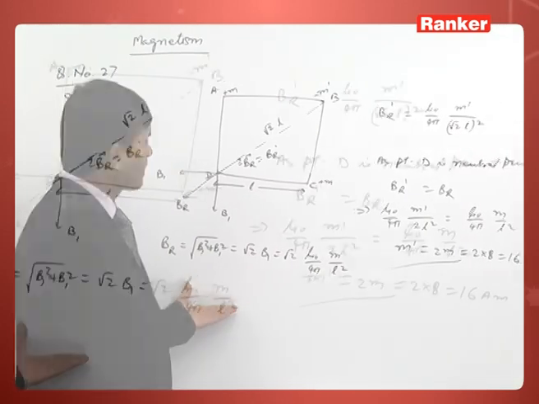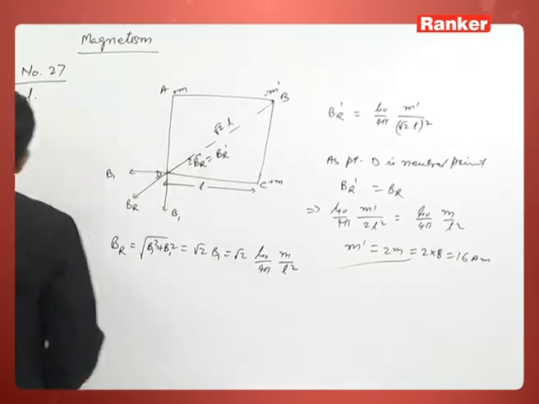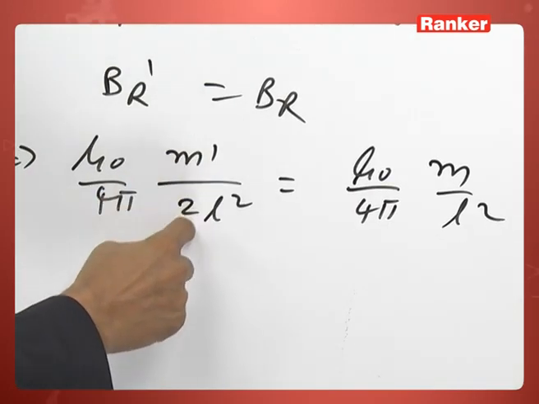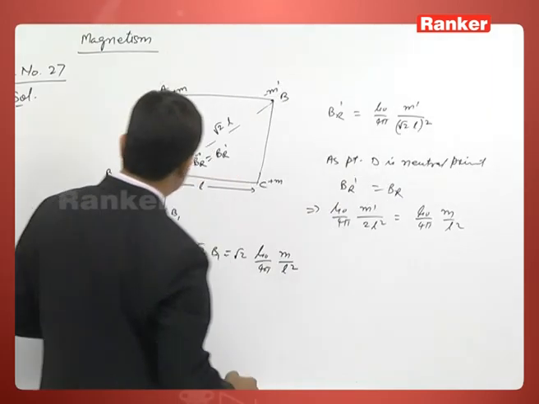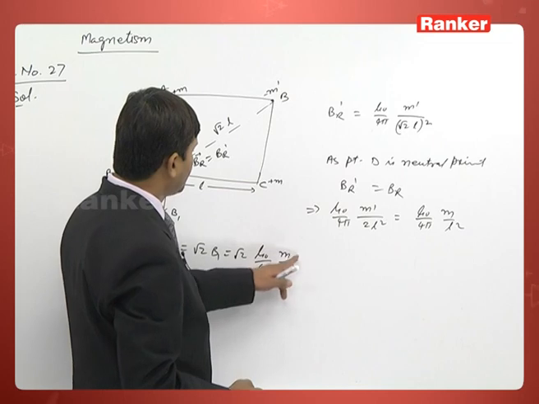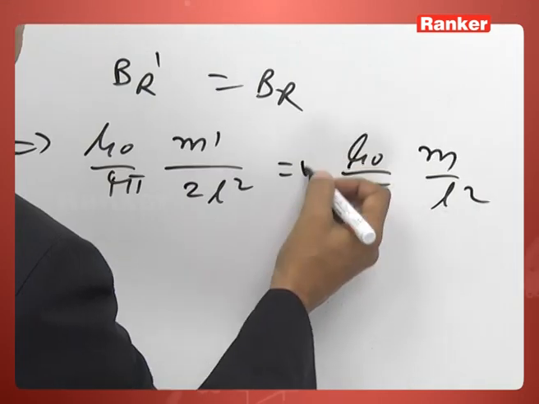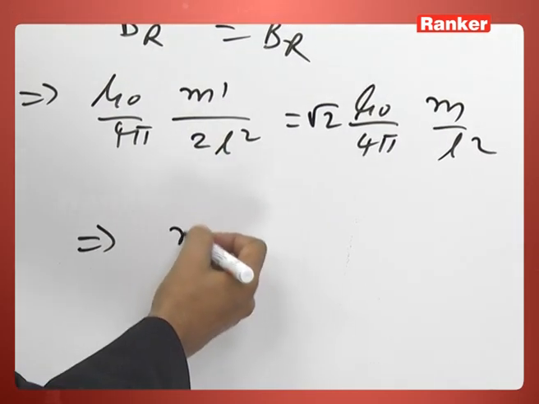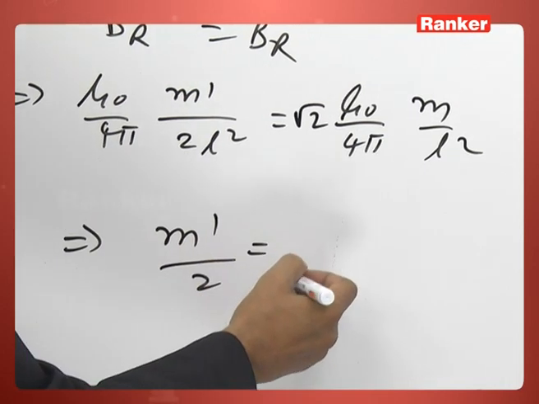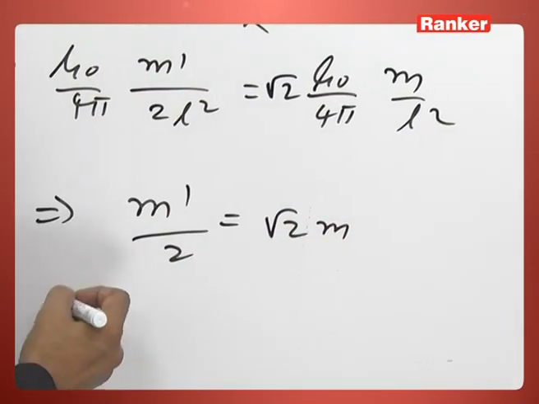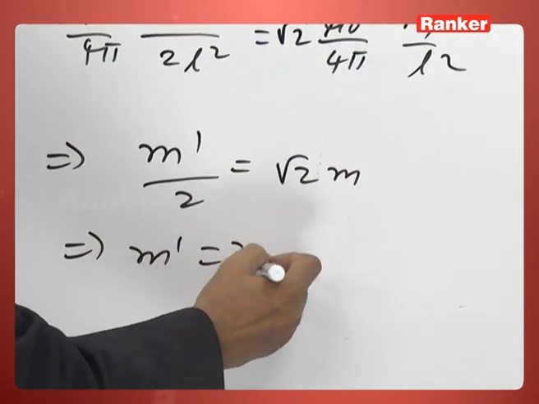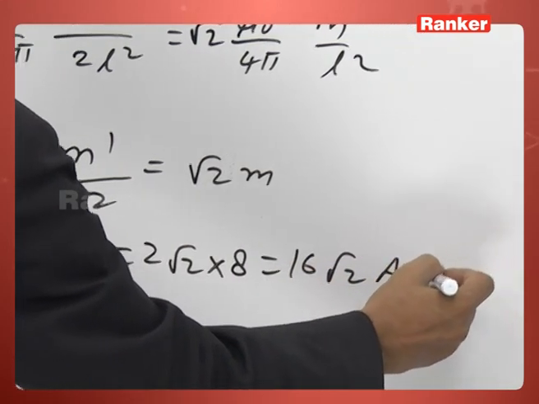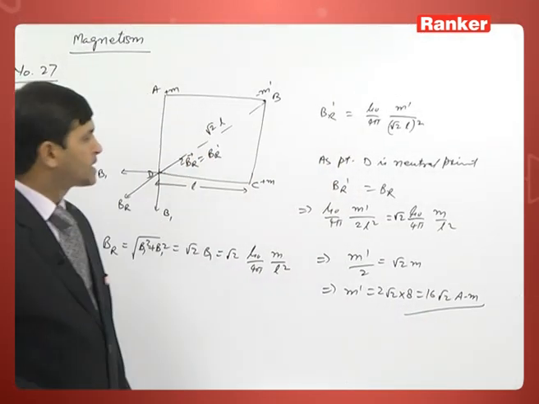So the BR value will be here. BR dash is mu naught by 4 pi M dash by 2L square, and BR is mu naught by 4 pi M by L square into root 2. After simplifying, we get M dash by 2 is root 2 into M. So M dash is 2 root 2 into M. M is 8, so that is 16 root 2 ampere meter.